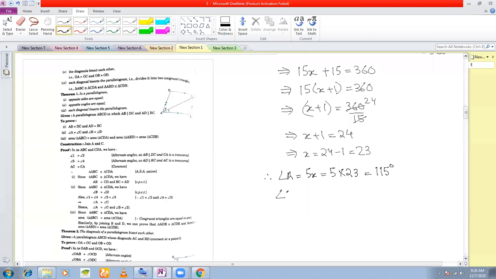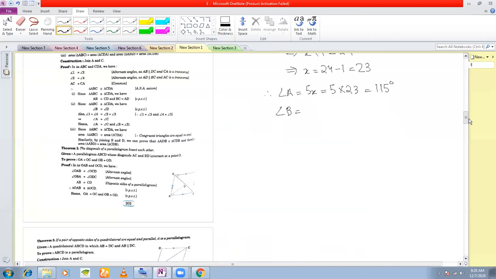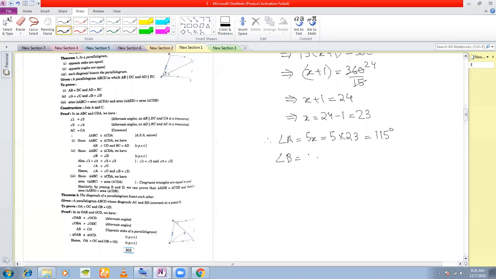Angle B. How much is the angle B? Angle B is 3x plus 10. Put the value: 3 into 23 plus 10, which is 69 plus 10, which is 79 degrees. So angle B is 79 degree.